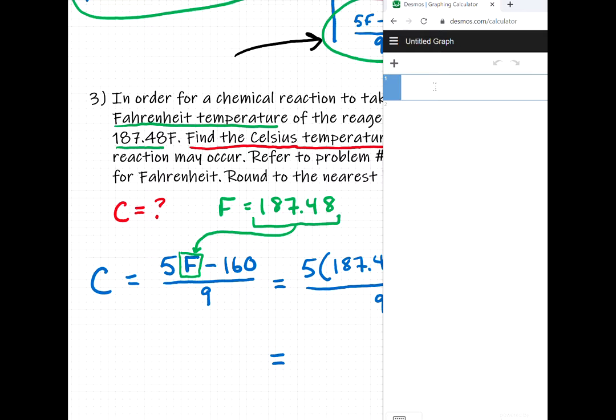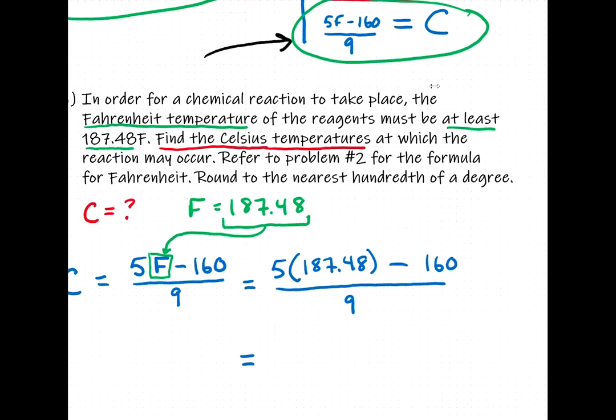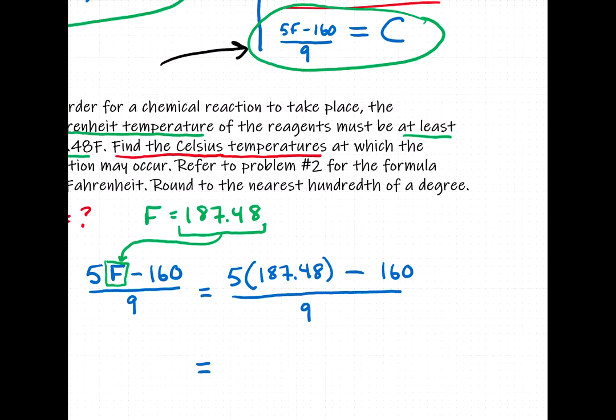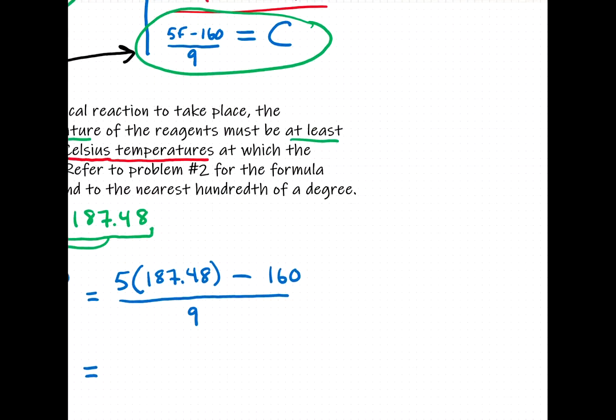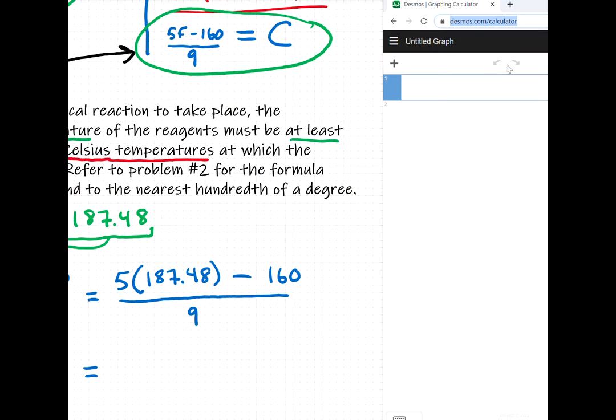Okay, and just type it in exactly. So let me scroll over a little bit so we can see both. Type it into the calculator as exactly as you see it on the screen. So 5, parentheses, 187.48, close the parentheses, minus 160.